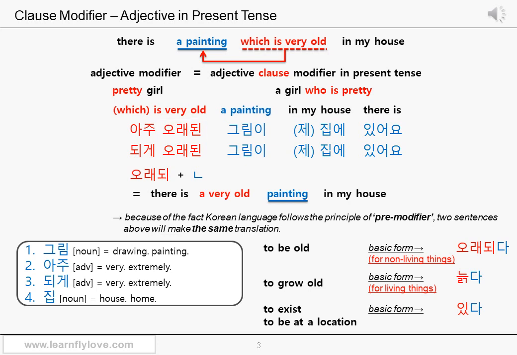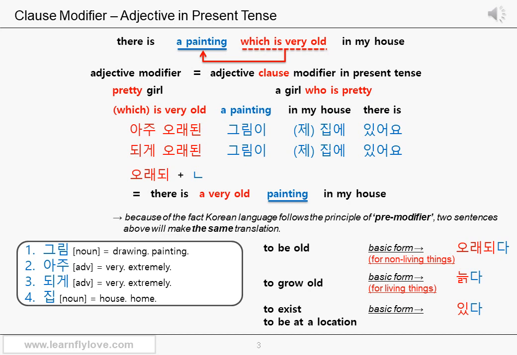Very old, 아주 오래된. Painting, 그림. Let's use the subject particle 이. 그림이. In my house. When I or my is understood.